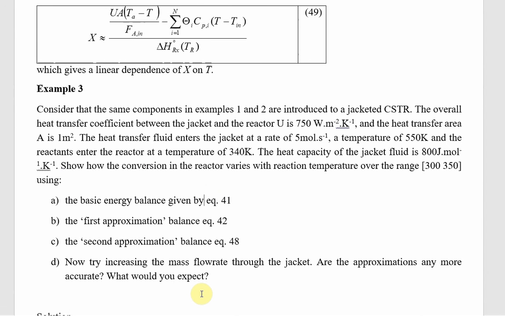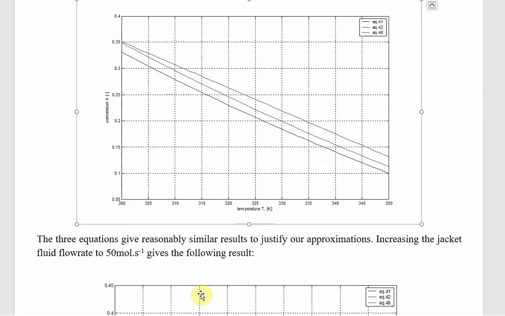We are told that the jacket heat capacity is that, and we are told what the temperature of the jacket is. It says here the jacket temperature is 550 Kelvin. So it is possible for us to calculate the log mean temperature difference and use the version of that equation without the simplification applied. I believe that's this curve, that red curve over there.